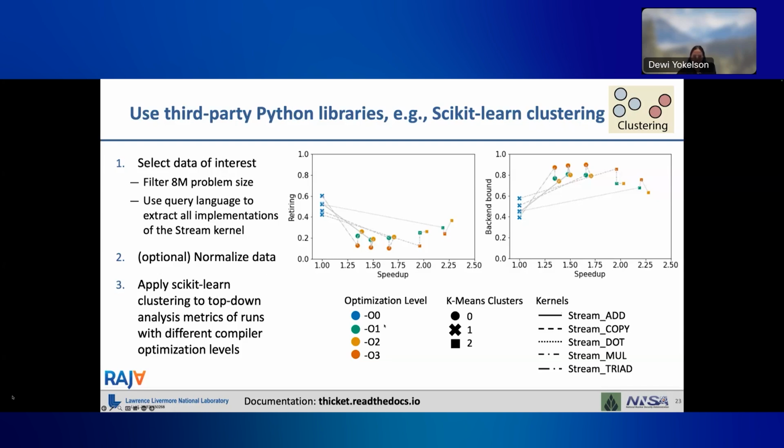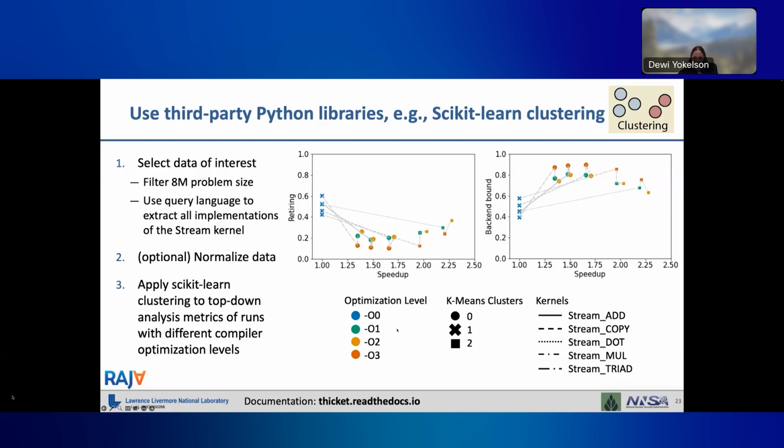So cluster 0 is the circles, which are here, which includes kernels with all 3 of O1, O2, and O3 optimization levels. Cluster 1 is the X's over here, and you can see that those are all the O0 optimization levels. So those got grouped together.